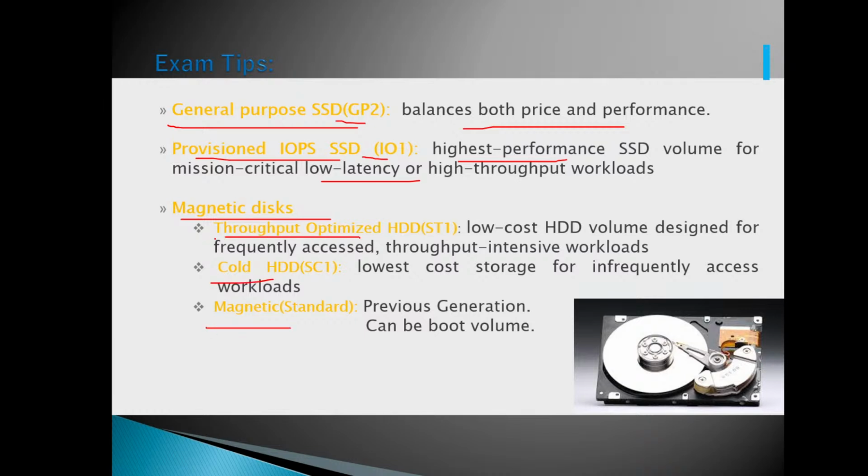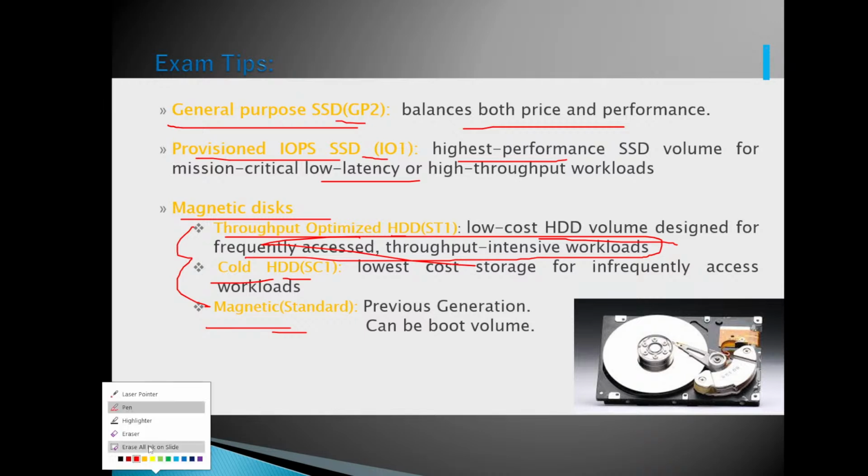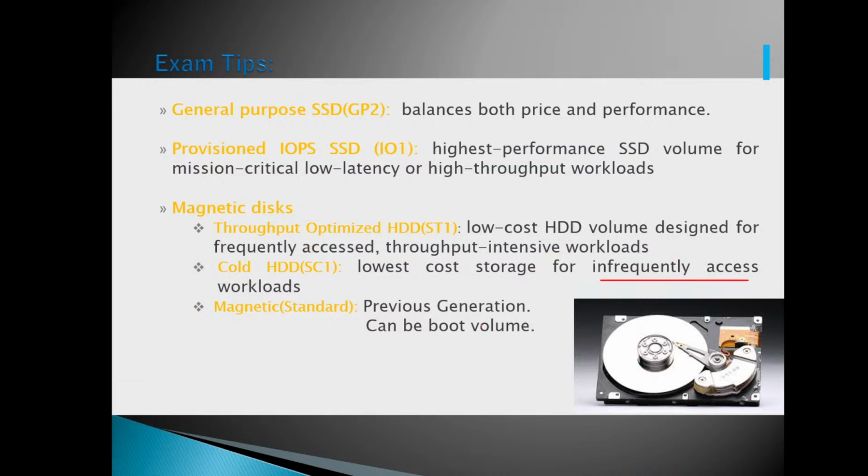These are old generation HDD, slow compared to general purpose and provisioned ones, because they are HDD. Throughput optimized is low cost HDD volume designed for frequently accessed, throughput intensive workload. Cold storage is low cost storage for infrequent access, and magnetic is for previous generation.